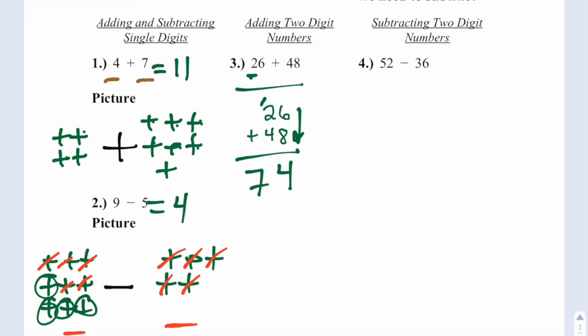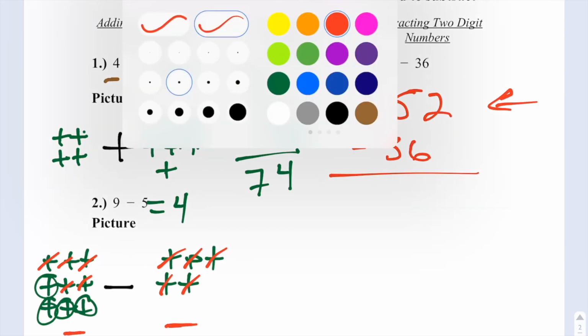And then when we look at this last difference expression, we have 52 minus 36. Again, I like to stack it. And just like in number 3, we have these vertical columns. Well, we don't have enough up top here to take 6 away from 2. We know we can't do that. That would give us a negative. So we have to actually borrow, which I'm sure you guys have heard before.